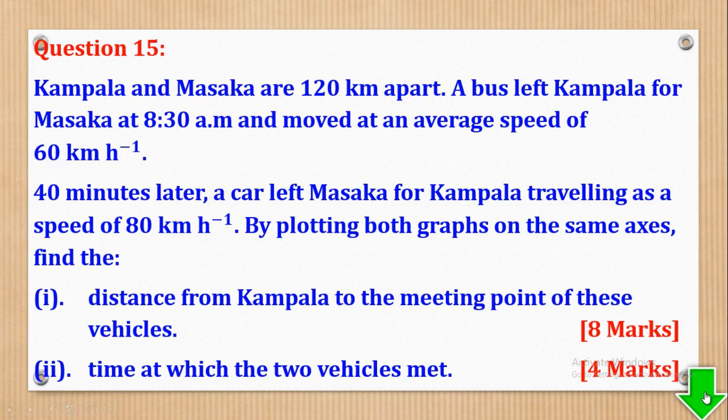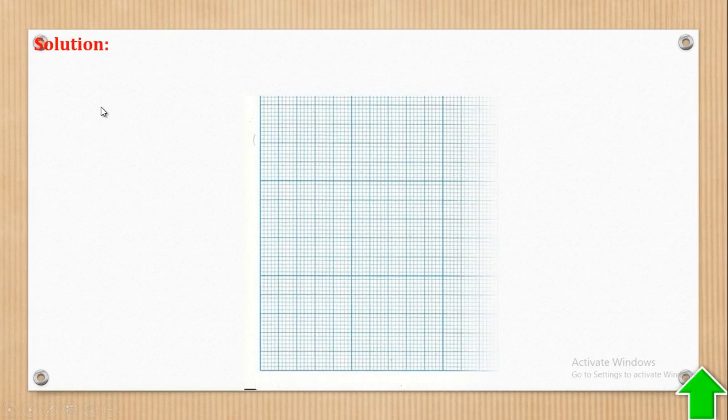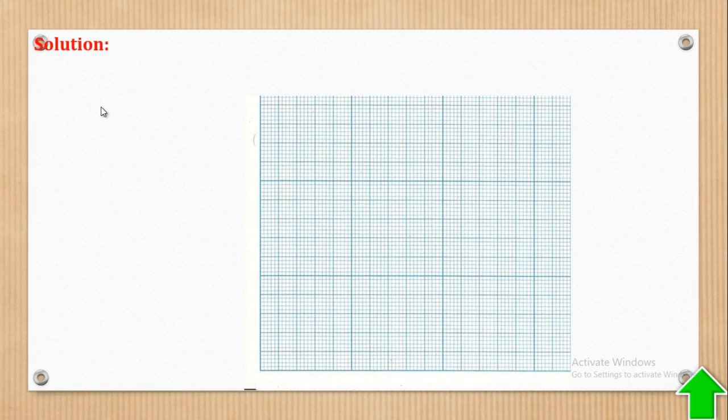So the first thing to do, we need to have a graph paper. So that's the graph paper. Next is to draw the axes, horizontal for time and vertical for the distance.